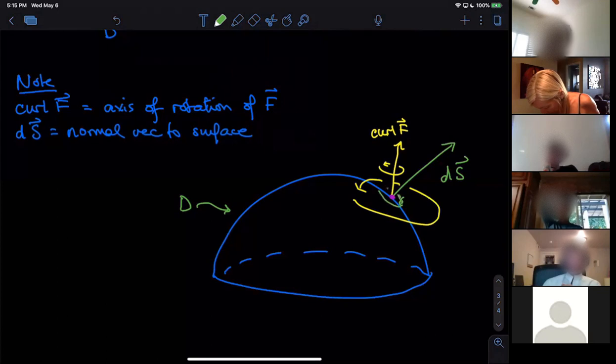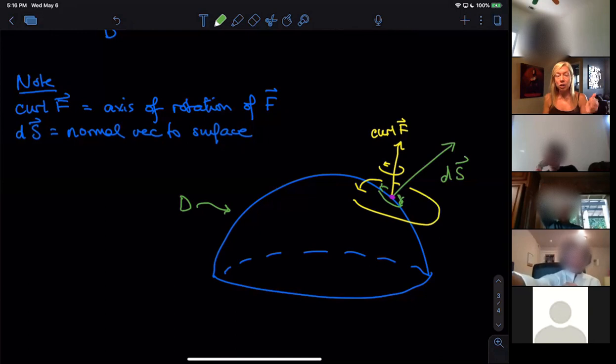But it's probably a smaller component of it. Can you see the green is meant to look like it's rotating around the ds vector. It's made to look parallel to the surface, whereas the yellow is meant to look like it cuts through. I don't know if it's convincing or not, but that's the idea.